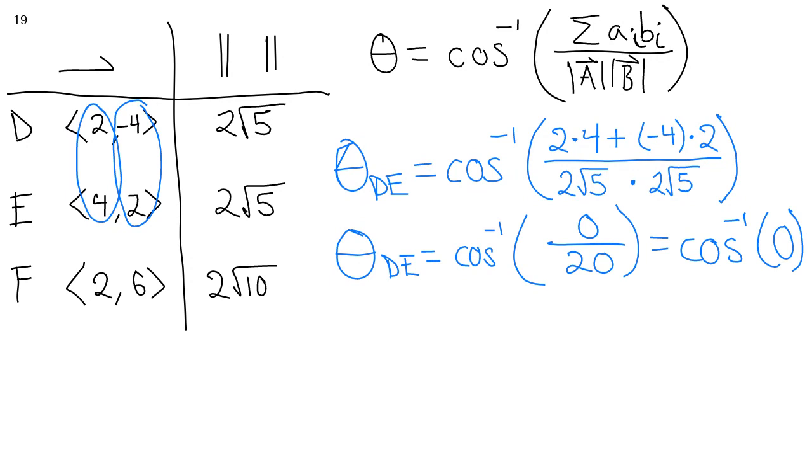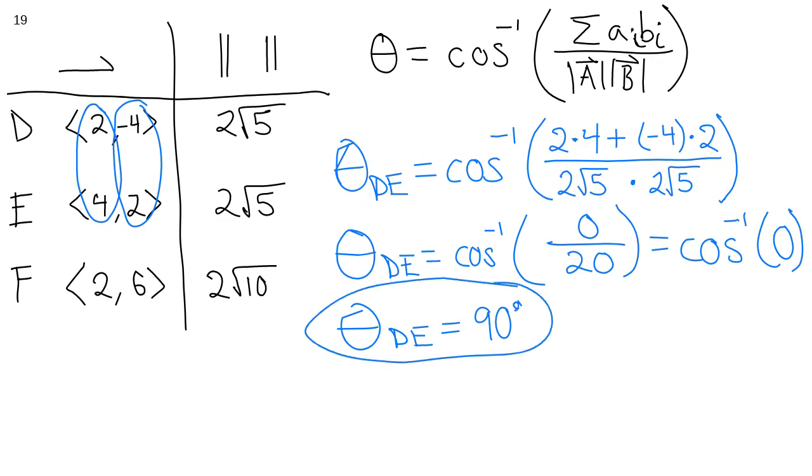When cosine is 0, the x coordinate is 0. So the angle between D and E is 90 degrees. So the sum of A_i B_i is just the dot product of A and B. Correct. So that whole formula can also be written as A dot B over the magnitude of A times the magnitude of B. Yes.